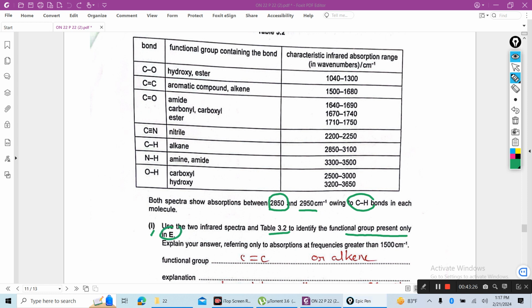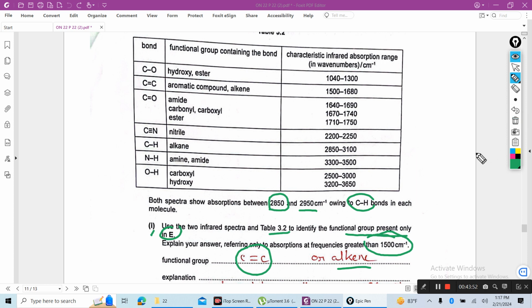So E has the functional group carbon-carbon double bond, alkene. And referring only to absorption in E at frequencies, you have to mention, greater than wave number 1500 per centimeter, carbon-carbon double bond.